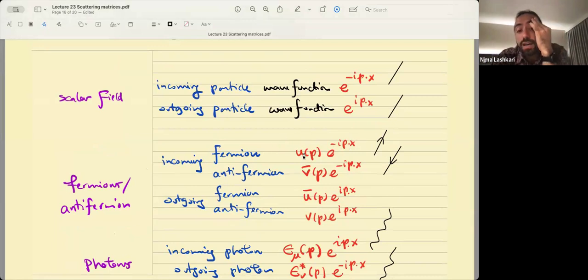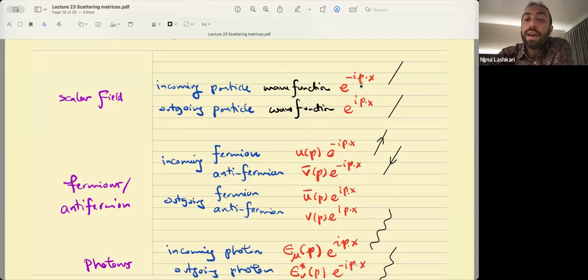These are solutions to those equations, and there are two of them, because there's an up and down spin. Hopefully you recall these are vectors. And the fact that this is a fermion, I'm going to draw by putting an arrow here to show the direction of the flow of charge.